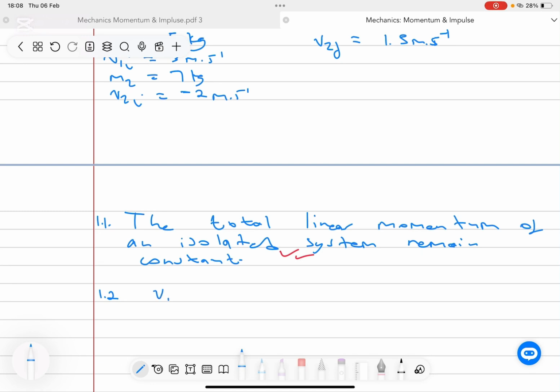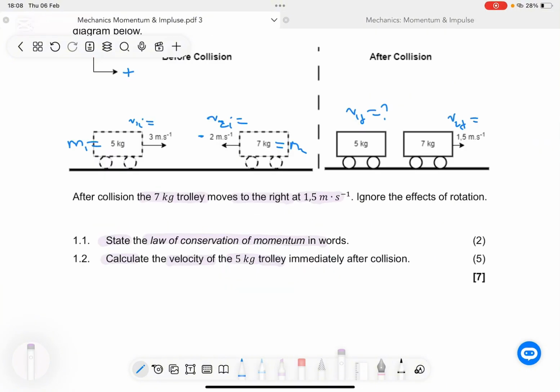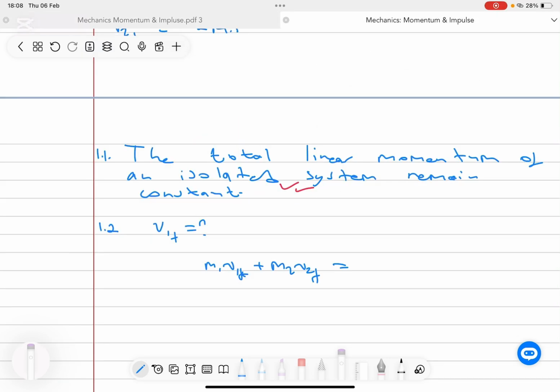This is to say that to find the final velocity of the first object, we are going to say the total linear momentum, which is given by m1 v1 final plus m2 v2 final, which is basically the total momentum after collision, should be equal to the total momentum m1 v1 initial plus m2 v2 initial.